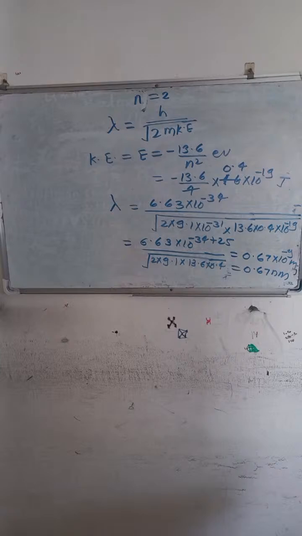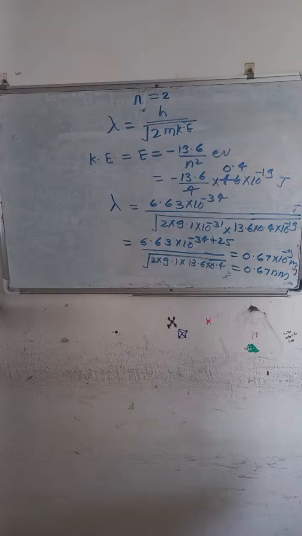I will repeat this question. Calculate the de Broglie wavelength associated with the electron in the second excited state of the hydrogen atom. The ground state energy of the hydrogen atom is 13.6. We are using the same formula, but the calculations are different.